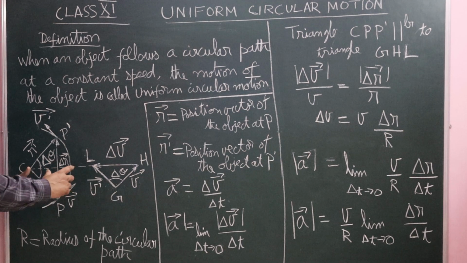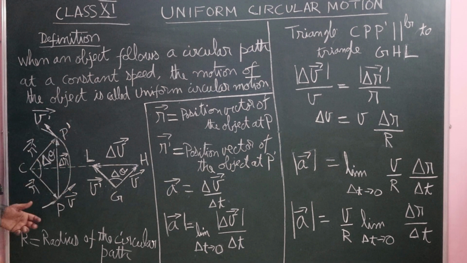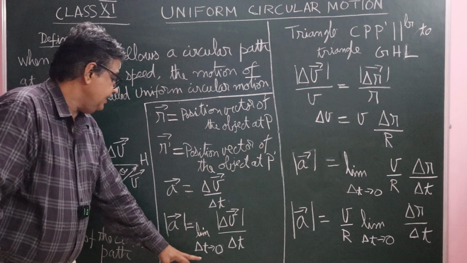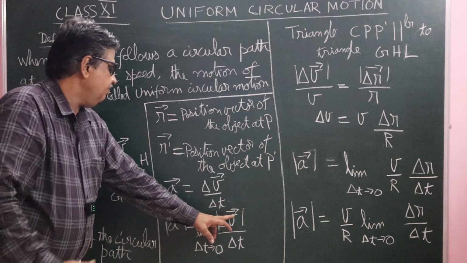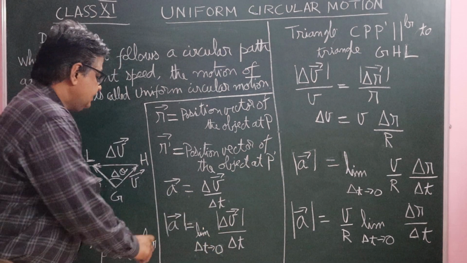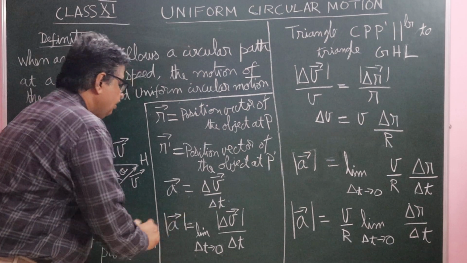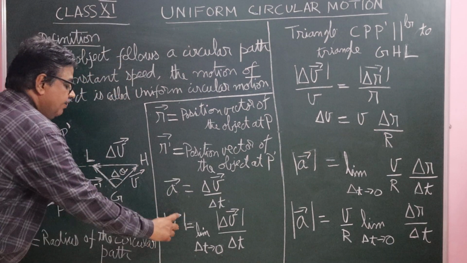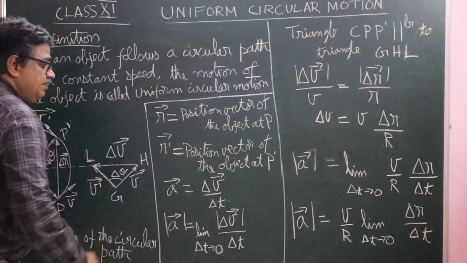As del T tends to 0, del theta tends to 0. Therefore, we write the limit as del T tends to 0 of the modulus of del V vector divided by del T.